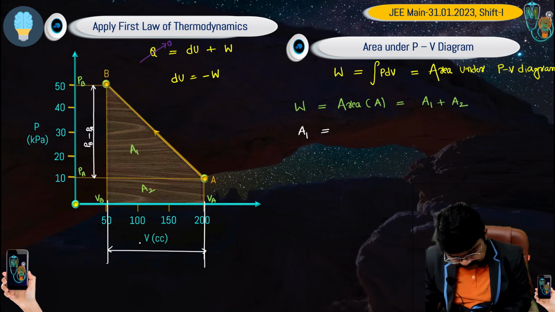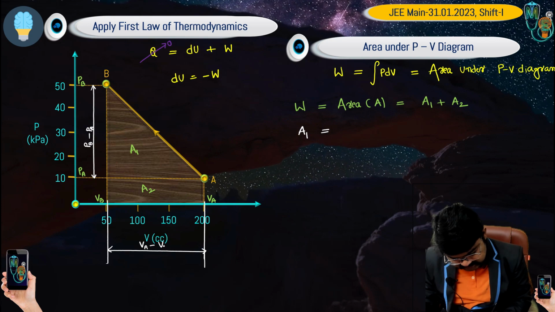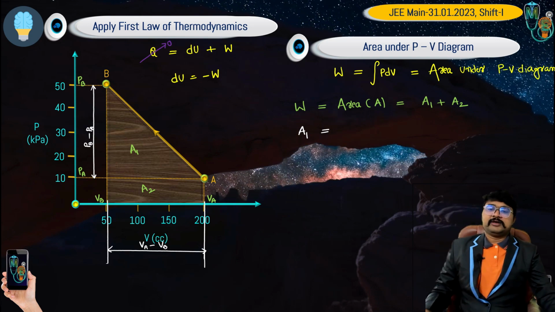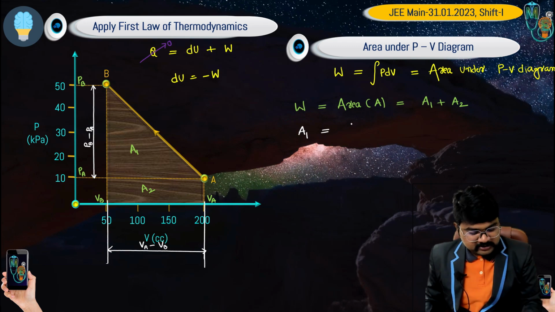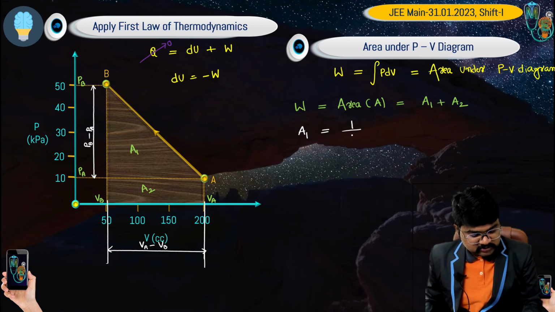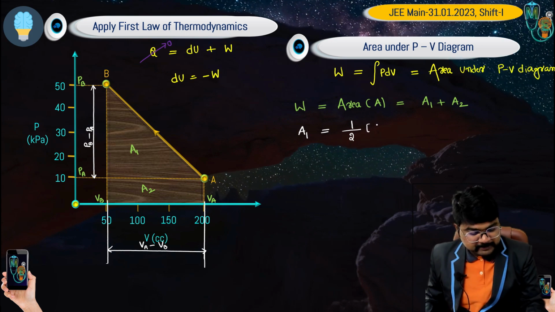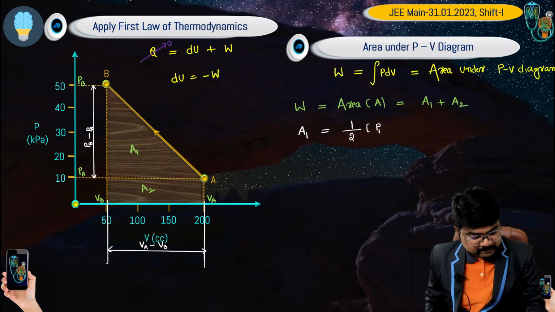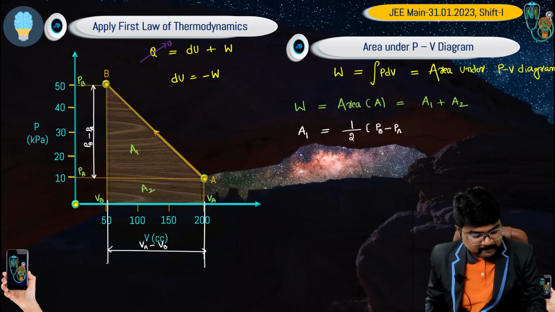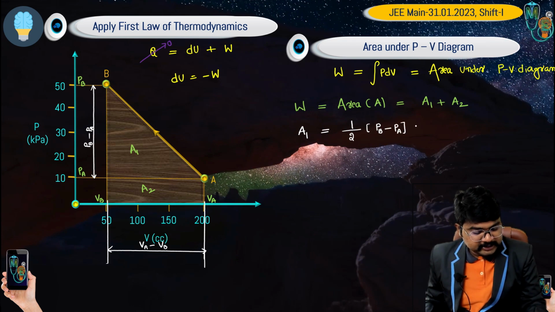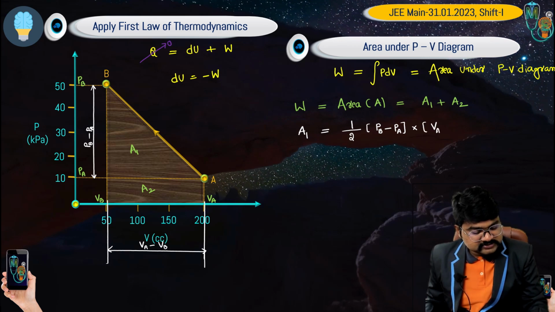VA will be higher, right? What is the area? Half into base into height. So A1 is half into PB minus PA into VA minus VB.